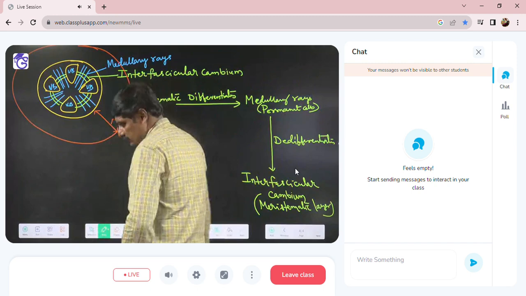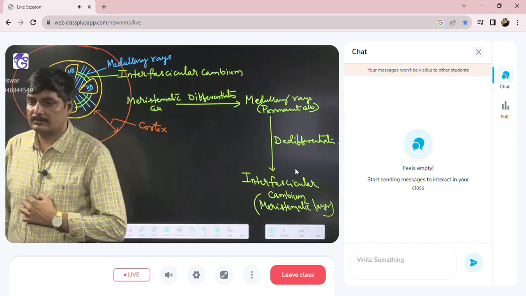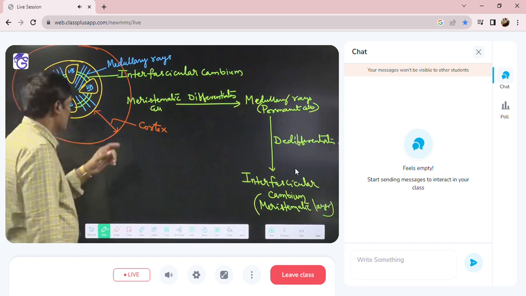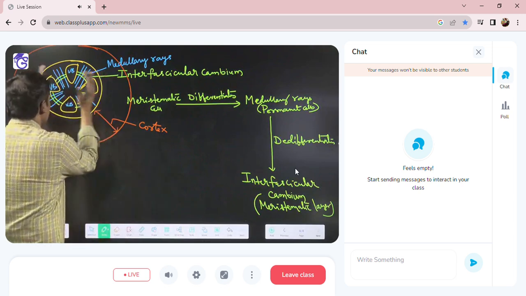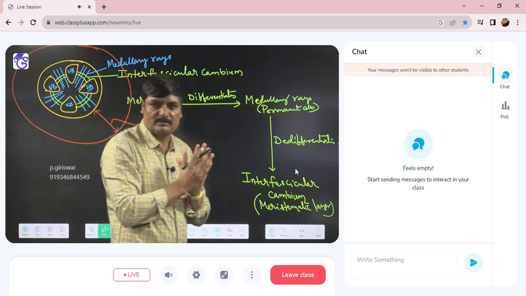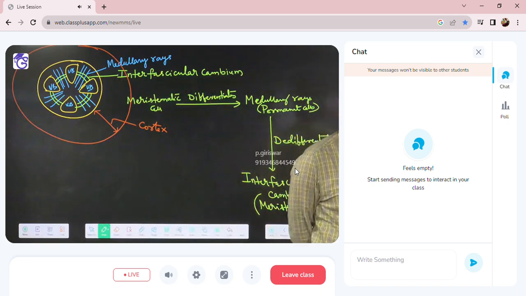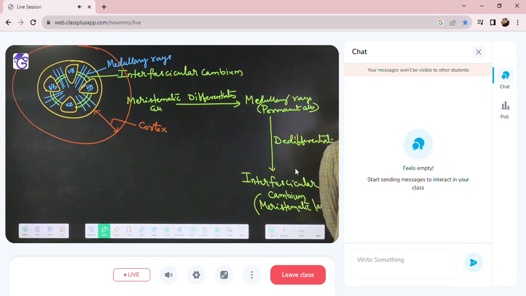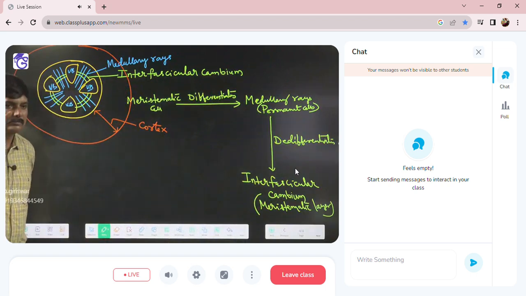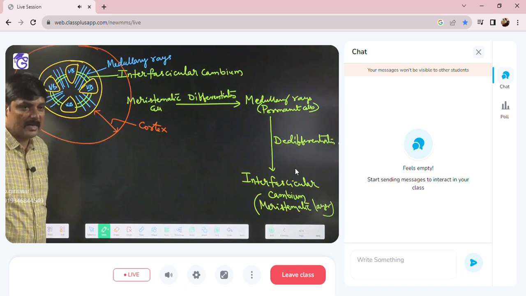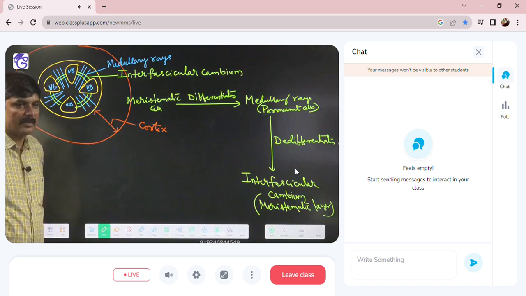Outside the stele, extrastellar secondary growth. Intrafascicular cambium is formed by differentiation. Yes, correct, 100%.